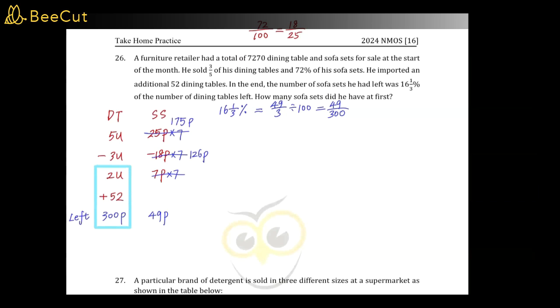So for the number of dining tables, 2U plus 52 equals 300p. Then we also know that at first, 5U plus 175p equals 7270.